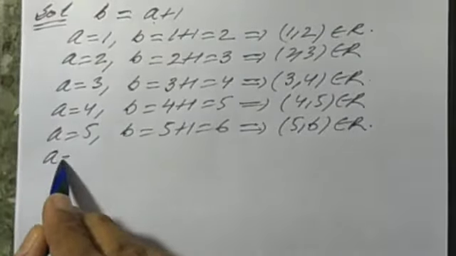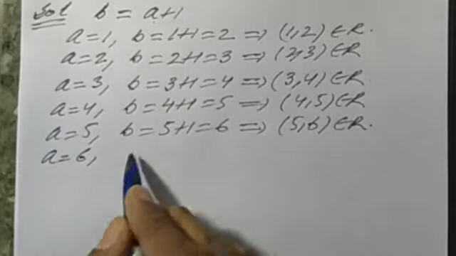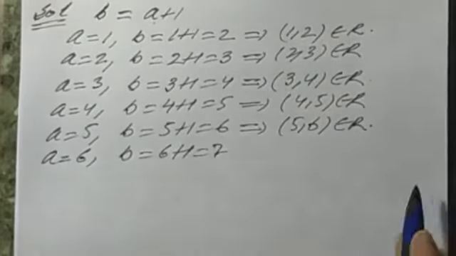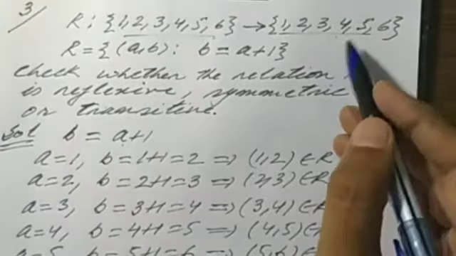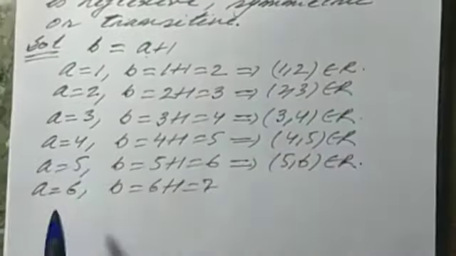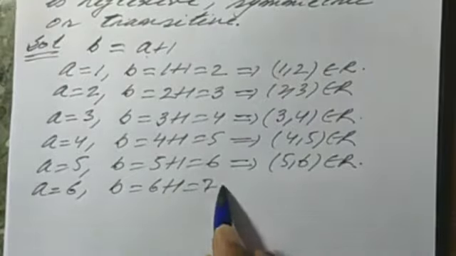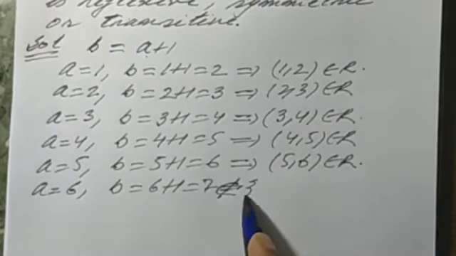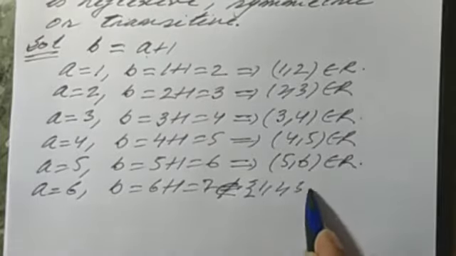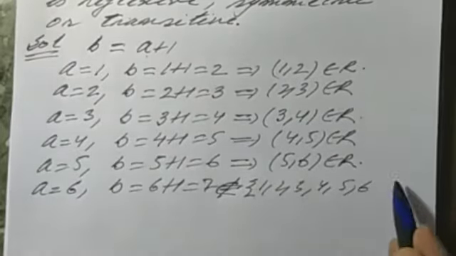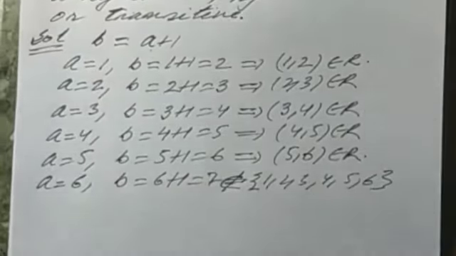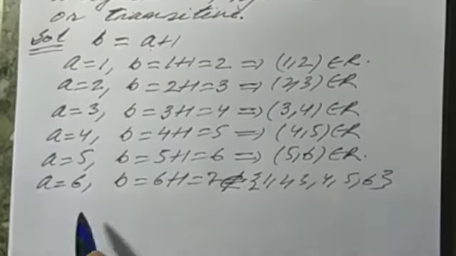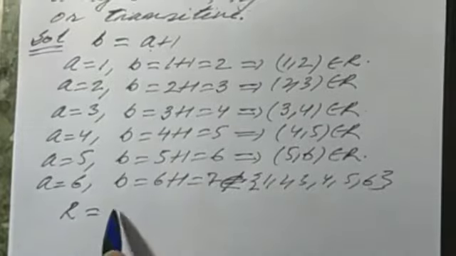And if we write a is equal to 6, then b becomes 6 plus 1 is equal to 7, but 7 does not lie in the codomain, so this ordered pair is not possible. 7 does not belong to the set {1, 2, 3, 4, 5, 6}.